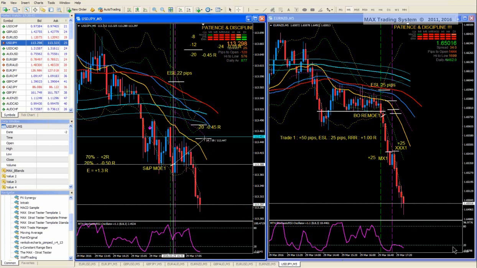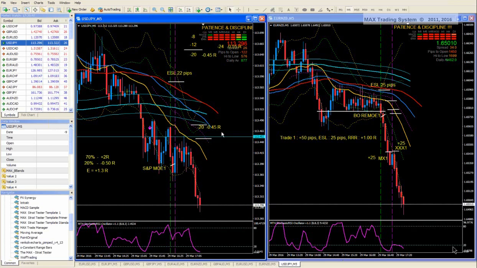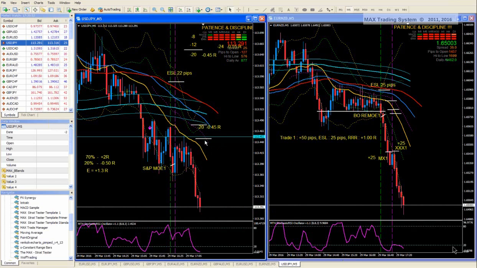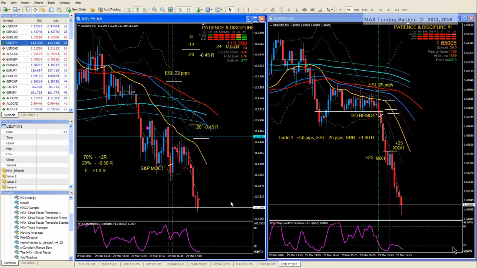So 3 pips spread, so 9 pips, so 18 pips. So you reduce further the worst case scenario should the trade be closed with a loss on the stop loss. On the area of invalidation, the loss will be even smaller. So now we are approaching the moment when we will be almost, for sure, break even.